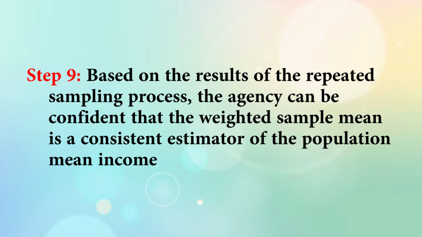Based on the results of the repeated sampling process, the agency can be confident that the weighted sample mean is a consistent estimator of the population mean income. This means that as the sample size increases, the weighted sample mean will become increasingly close to the true population mean income, and that the estimator is not subject to significant sampling error or bias.